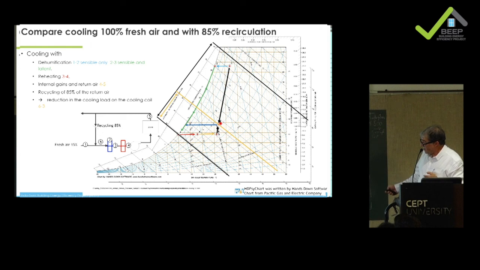Now with the recycling, you start from here. So this is the total cooling with fresh air, and this is the total cooling with recycling. So it shows you the importance of recycling, and I don't go into heat recovery because it's with enthalpy, it's a little bit more complex to treat on the diagram.